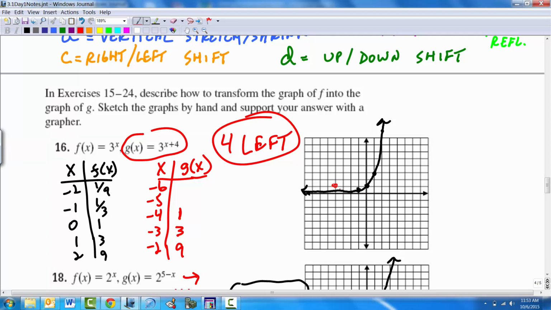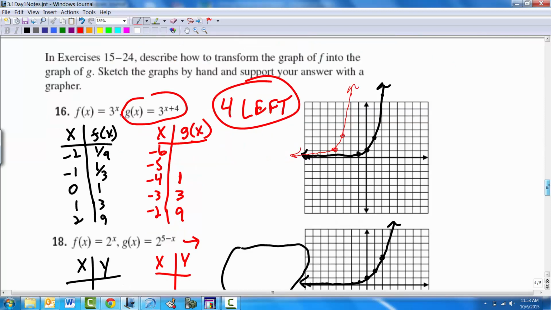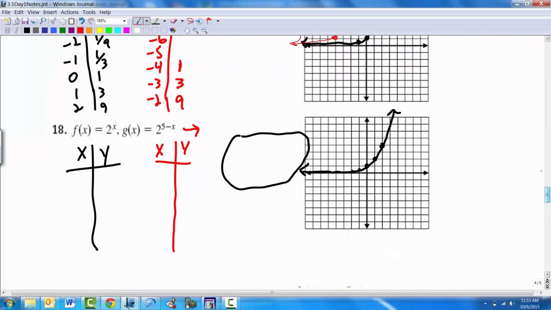And then negative 3 plugged in gives you 3 to the first, which is 3. Negative 2 gives you 9. So these are the ones that go here, and then the graph still does the same thing. The asymptote doesn't move, because I just got moved left 4. So may I proceed? I will. This is one of those tricksters.